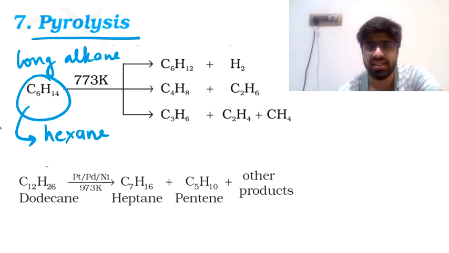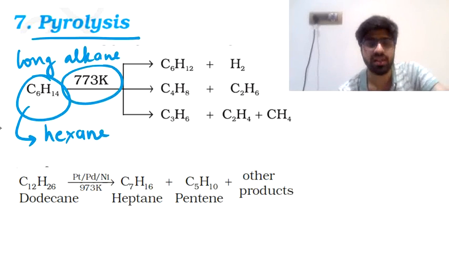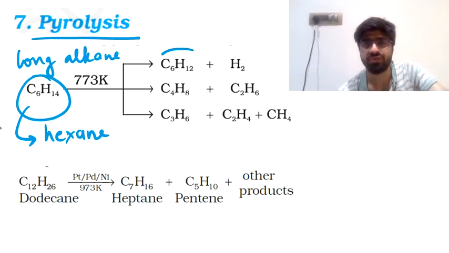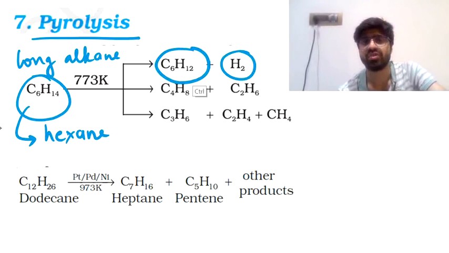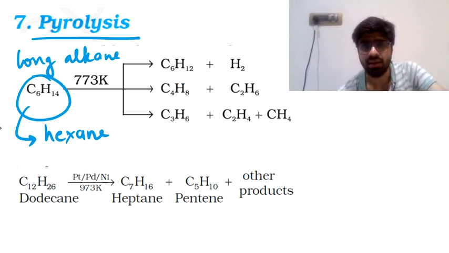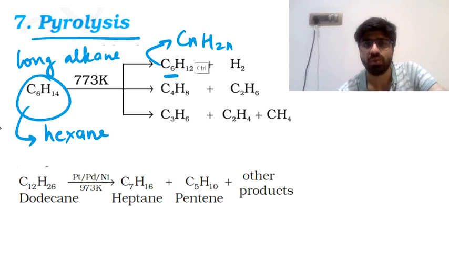So if you are taking hexane and heating it at 773 Kelvin, you can get the formation of alkene by liberation of H2. How do I know this is alkene? It's because the compound satisfies the formula CnH2n. If n was 6, 2n will be 12. So C6H12, we are getting the formation of alkene by the liberation of hydrogen.